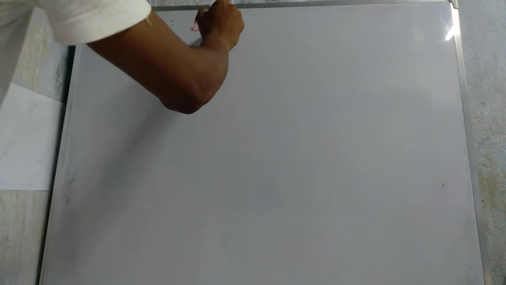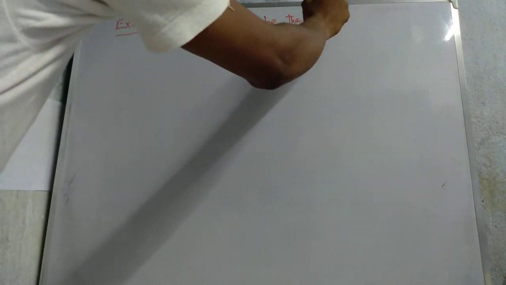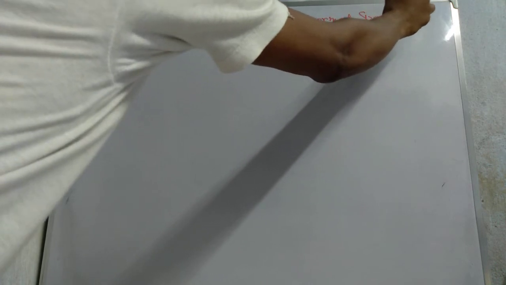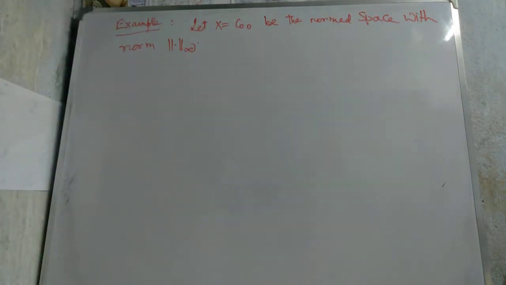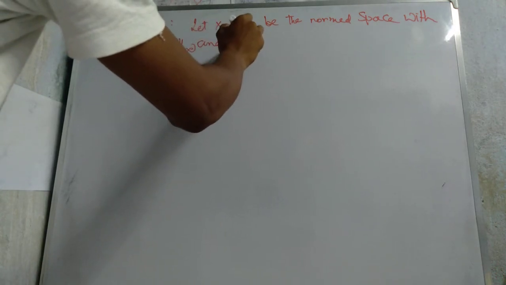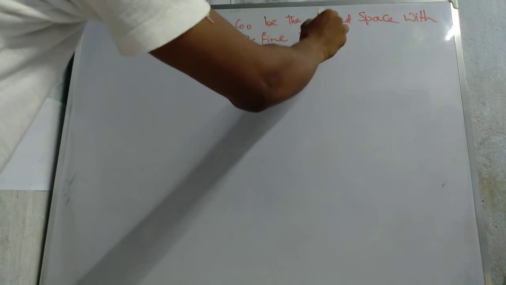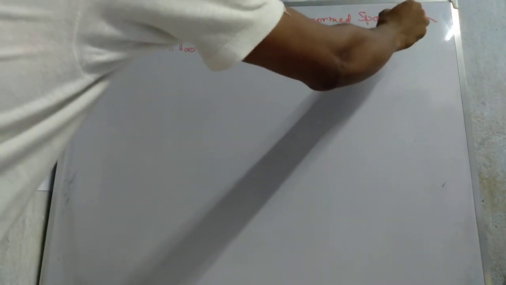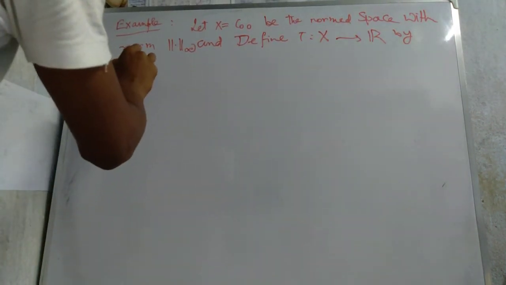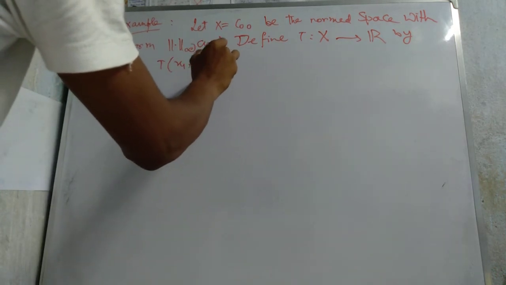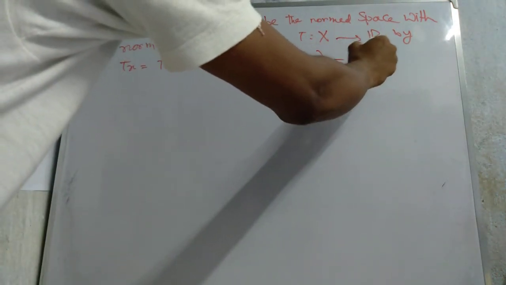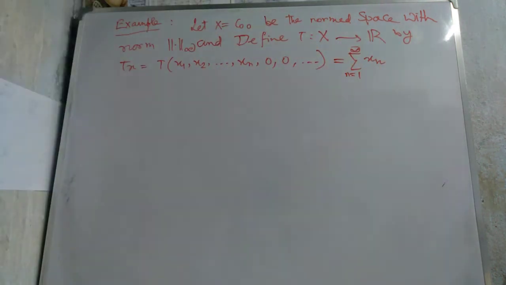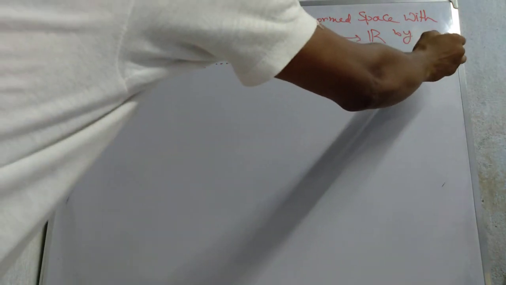Let X equal to c00 be the normed space with norm infinity, and define T: X to R by Tx equal to T of (x1, x2, ..., xn, 0, 0, ...) equal to the summation of xn, n equal to 1 to infinity, where x belongs to c00.